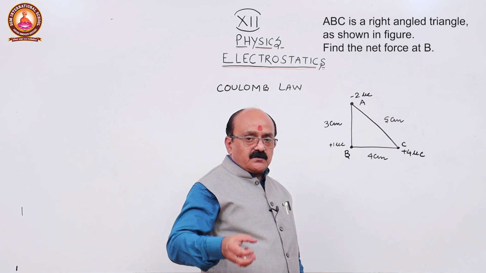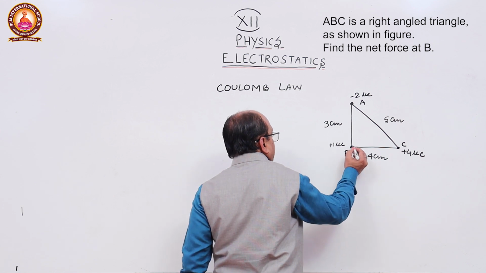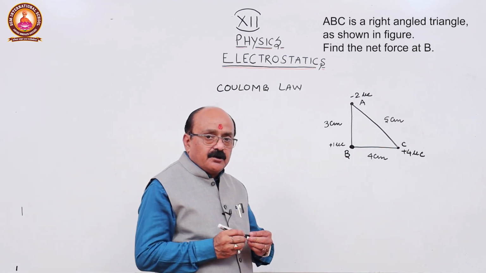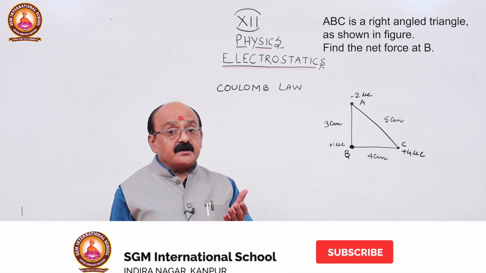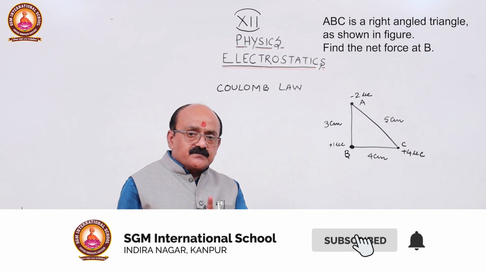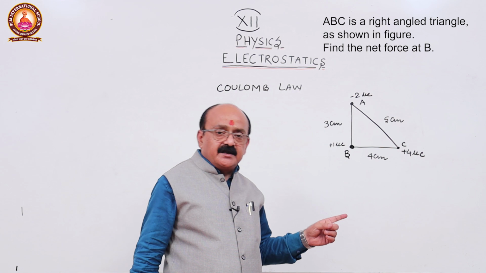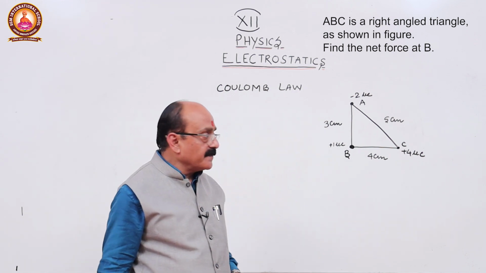We have to find out the net force at point B. This is our point B. Before applying formula, we have to find out the direction of force, because force is a vector quantity and we have to add these forces by vector addition method.